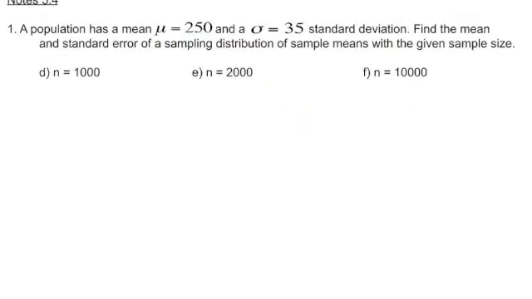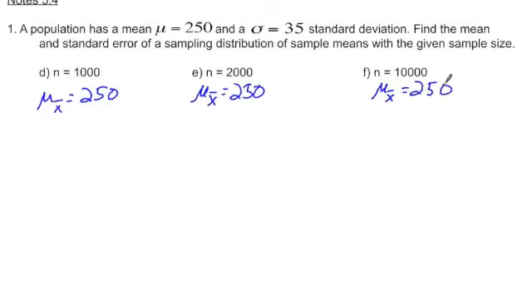Right. Now here are your practice problems using the same population, just new sample sizes. So pause the video and try these last 3 practice problems, and then restart the video to check your answers. Alright, for all 3 of these, again, just like before, the means are going to be 250, right? Because the sampling means are the same as the population means.